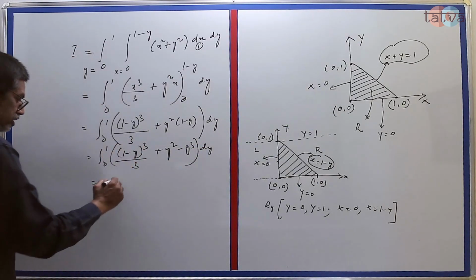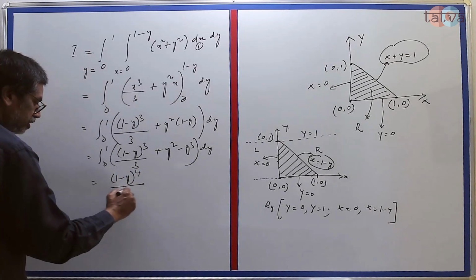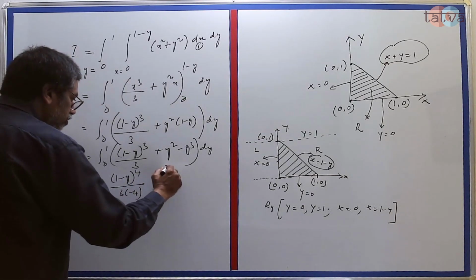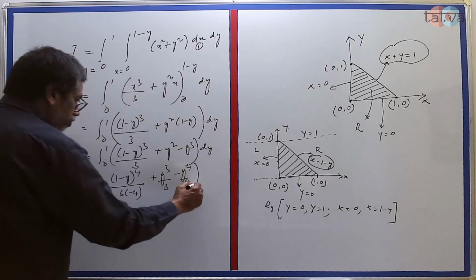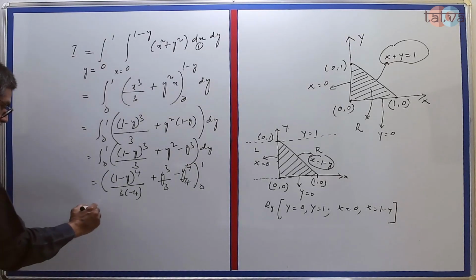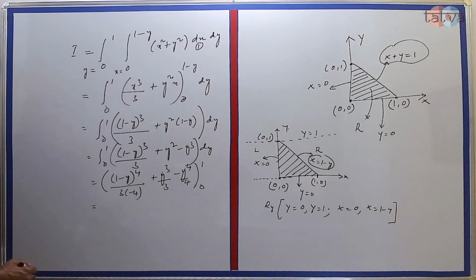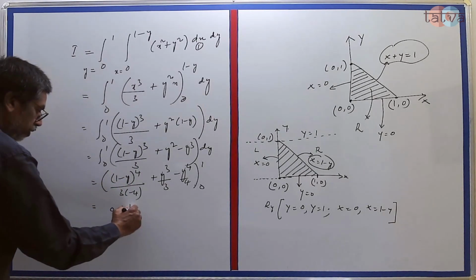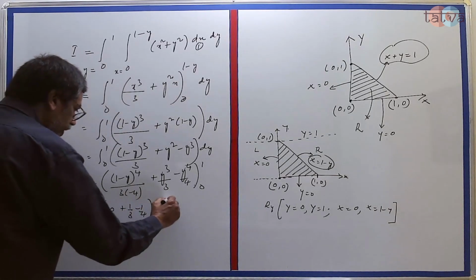Let me integrate this. 1 minus y power 4 by 3 times minus 4 plus y cube by 3 minus y power 4 by 4 from 0 to 1. So when you submit the upper limit, this produces a 0 plus 1 by 3 minus 1 by 4 minus.